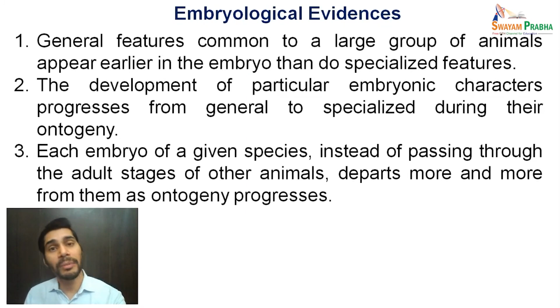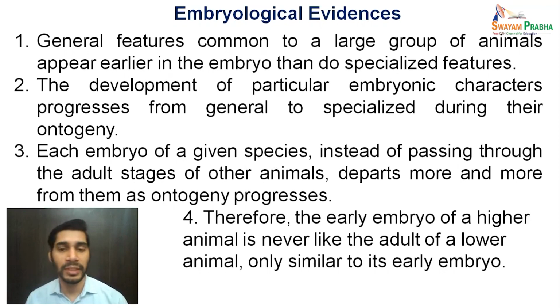In terms of evolution, it departs from these embryonic stages to different groups. Therefore, the early embryo of a higher animal is never like the adult of a lower animal, but their embryos were similar.